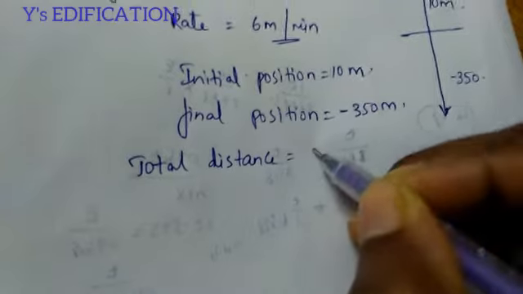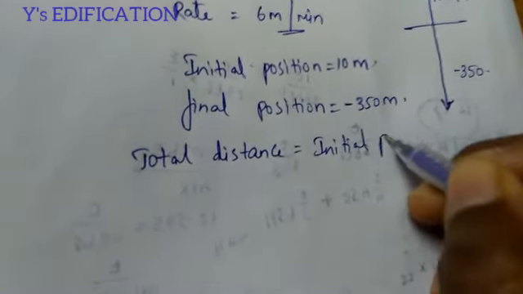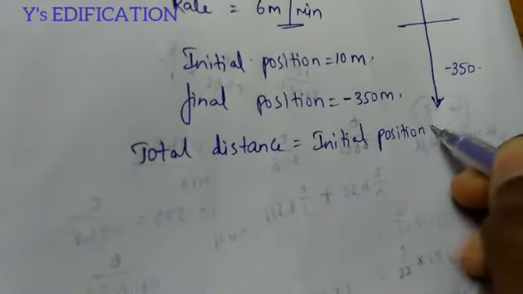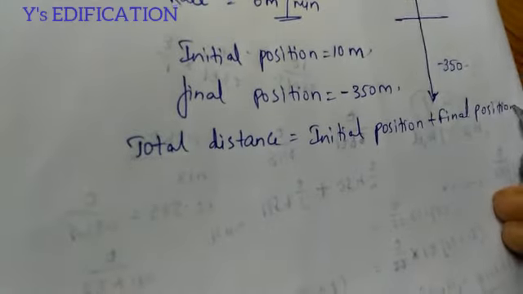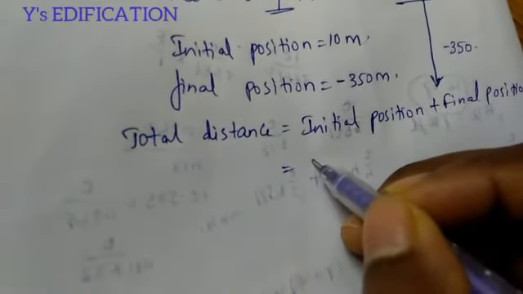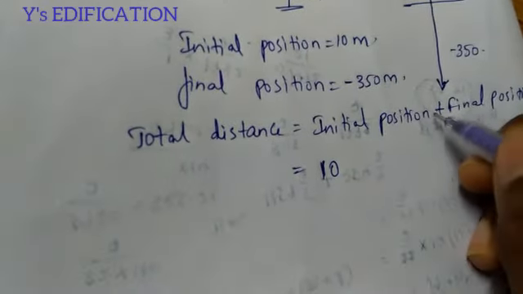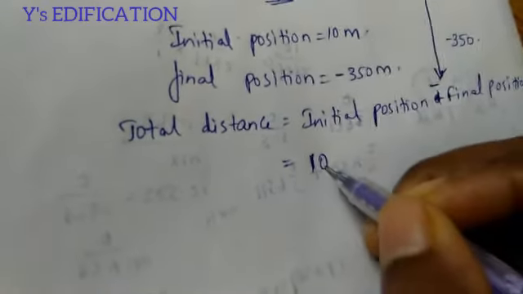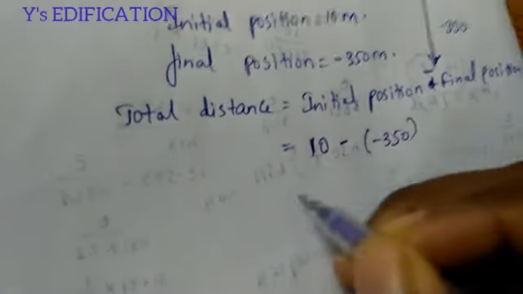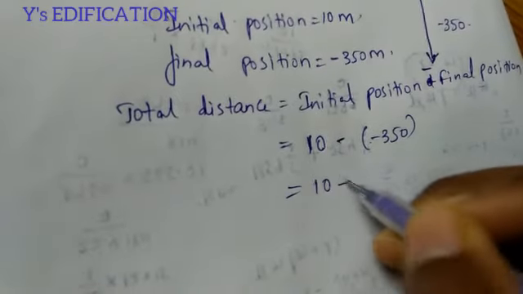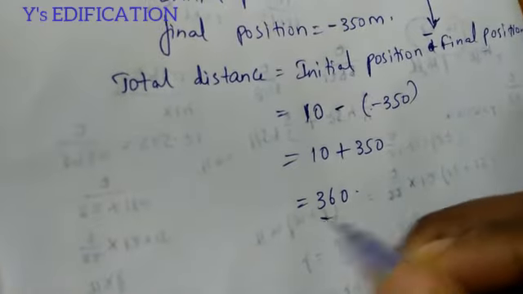The total distance is initial position minus final position. 10 is the initial position minus the final position, minus 350. Here minus into minus becomes plus 350, so it becomes 360.